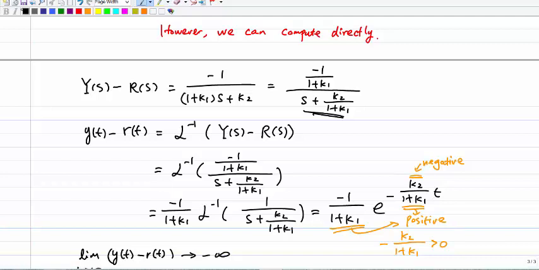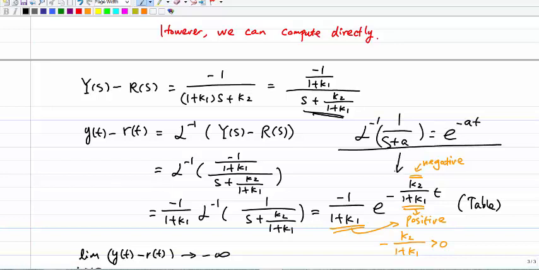This is how to figure it out. You can use a table to check the inverse of this. This is basically 1 over s plus a, and the inverse is e to the minus a t. You change a to this value and you get this inverse Laplace transform.